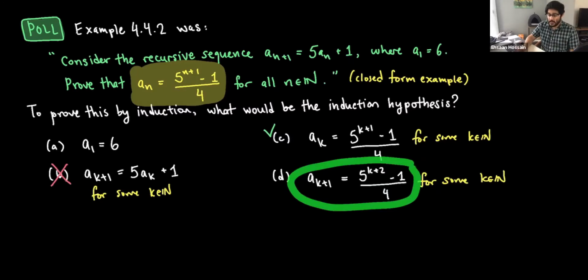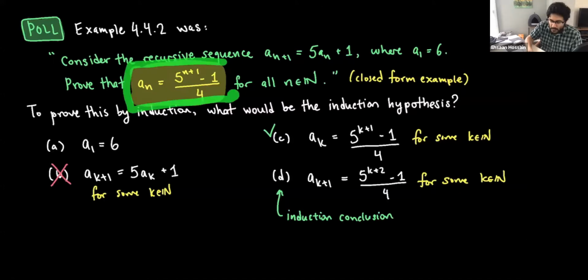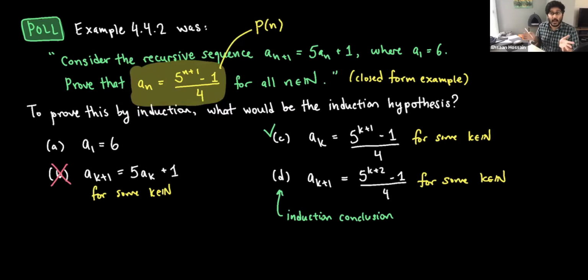This D here is the induction conclusion. One way you could reason it out is, well, look, this is the statement I'm trying to prove, the statement I'm highlighting in green. So why don't we call that P(n)? Remember, induction is like, let's prove P(n) for all n.